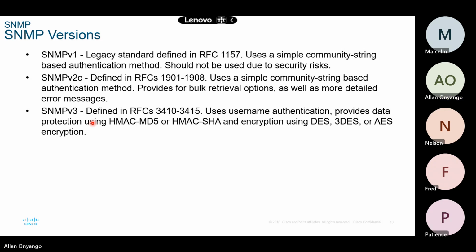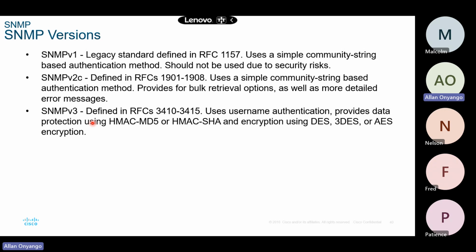Now, version 3 of SNMP uses username authentication and provides both hashing and authentication. It uses HMAC, MD5 and SHA for hashing, to provide integrity.